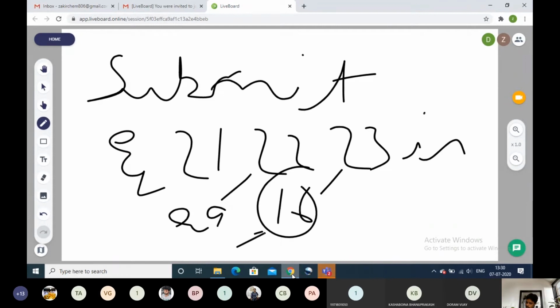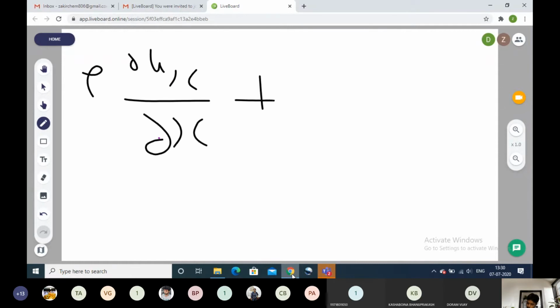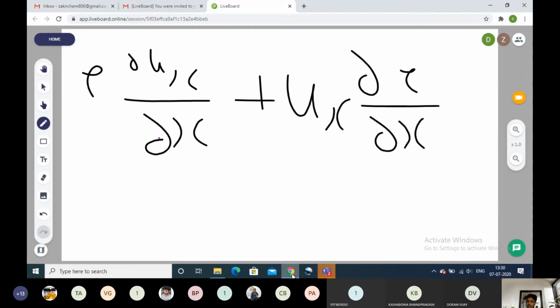So this operation we are right now performing: substitute equations 21, 22, 23 in equation 16. So what will happen? Instead of writing dou by dou x of ma into nax plus mb into nbx, we will just write rho into dou ux divided by dou x plus ux into dou rho by dou x. This is for the x component.